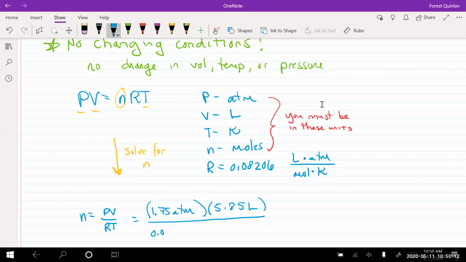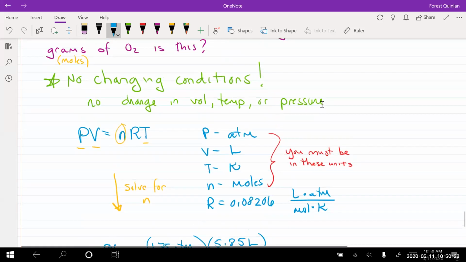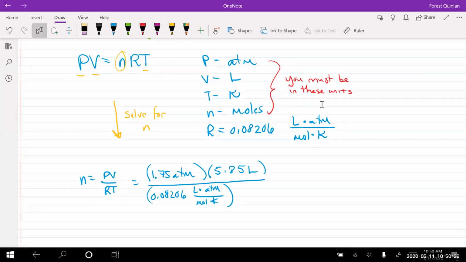R is 0.08206 liters atmospheres over mole Kelvin. And I think we were at 40 C, which is 313. That is 0.406 moles.